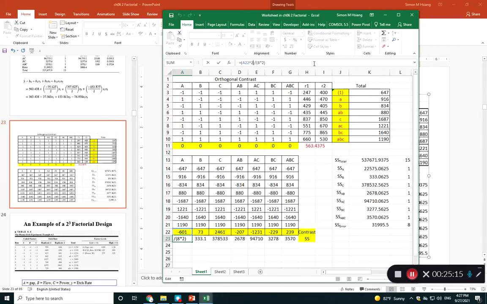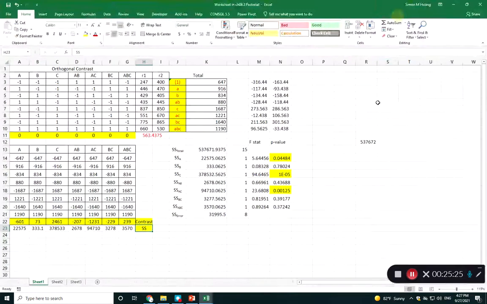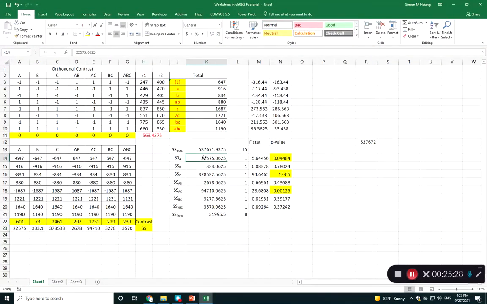So you get your sum of square that way. And repeat the same thing. And now you have your sum of square built. This time, you will have your A effect sum of square, B effect sum of square, C effect sum of square, A, B, C, and everything.